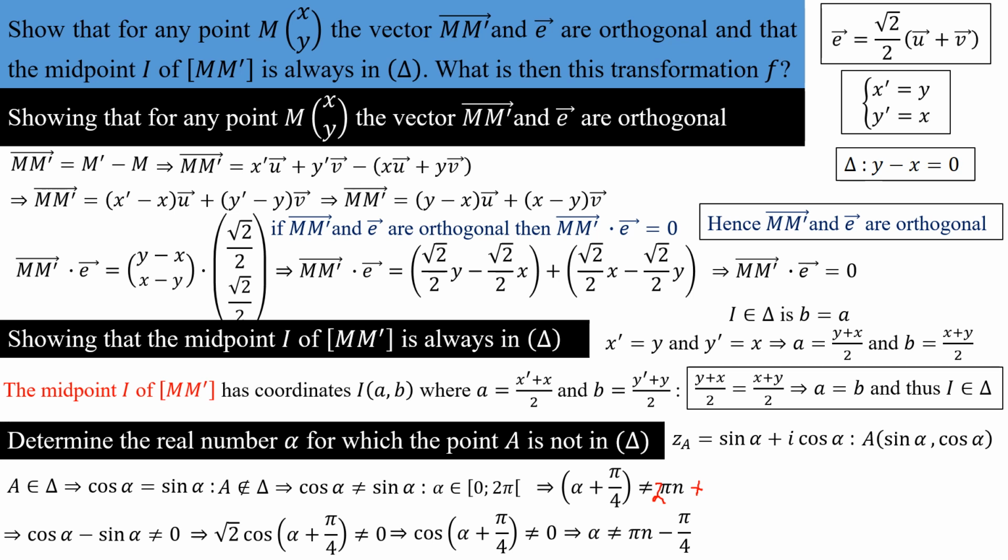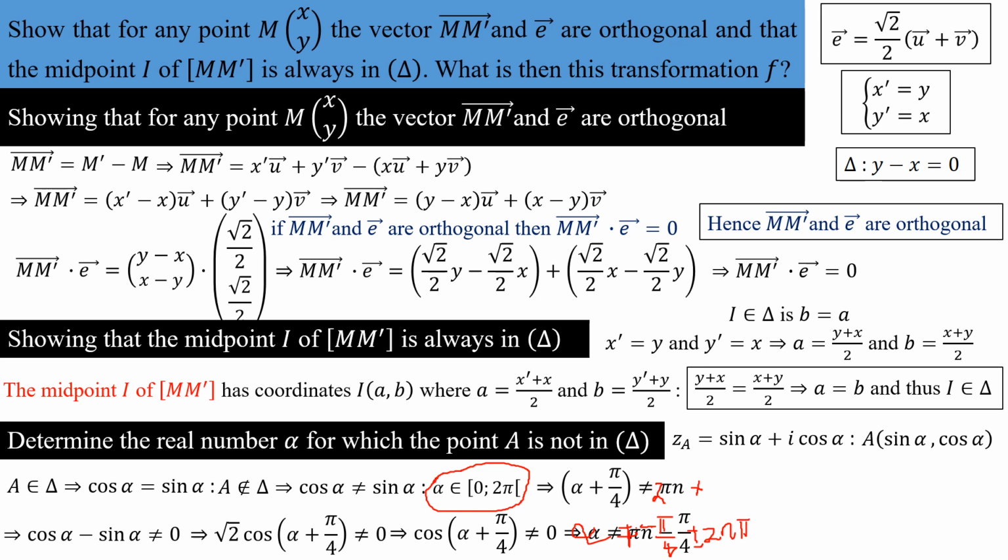I'm just going to leave that to you to complete. At the end, you take it and intersect with alpha in this interval. So from here, alpha is different from pi/2 minus pi/4, which is just pi/4, because you subtract pi/4 on both sides of the equation, plus or minus 2n pi, where n is an integer.